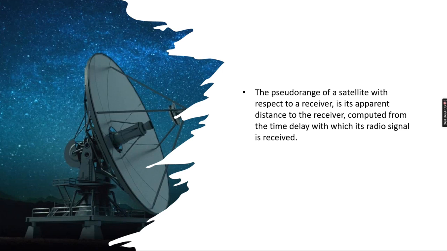So suppose there is a satellite and the satellite is sending signal to the earth. So what is the time delay? Based on that, the distance between the satellite and the receiver is calculated. So this is how the pseudo range of the satellite is created. Now this pseudo range is used to identify the position.